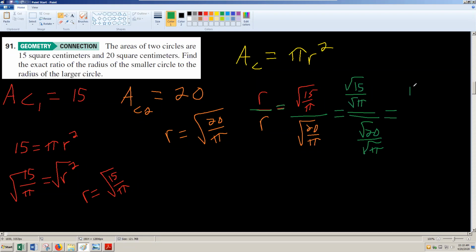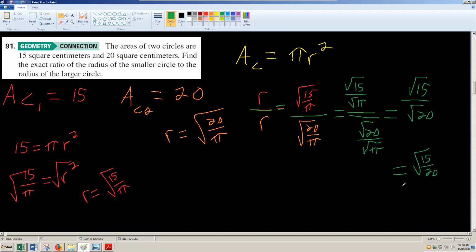So this becomes root 15 over root 20. Again, I have a root on top and a root on bottom, so I have the same degree. We can now combine these things under one root, which is root 15 over 20. So now from here, I'm going to simplify.